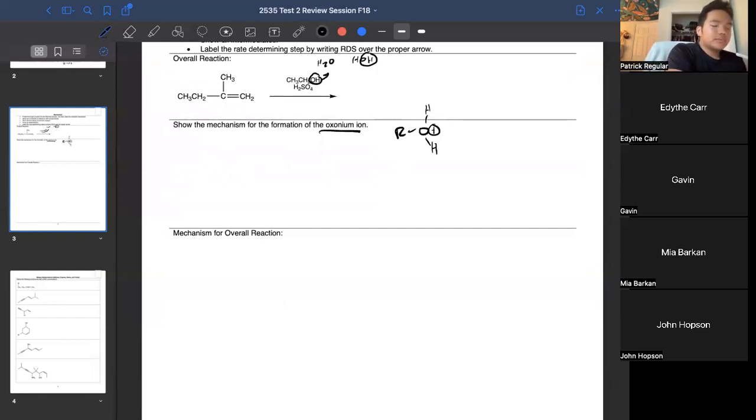A good example of an oxonium ion is a hydronium ion. Same thing as an oxonium, but hydronium, instead of that R, has an H. Kind of get where I'm going? That's the oxonium ion you're looking at. So for the formation of something like this, what is our R group? That's our alkyl group from that alcohol.